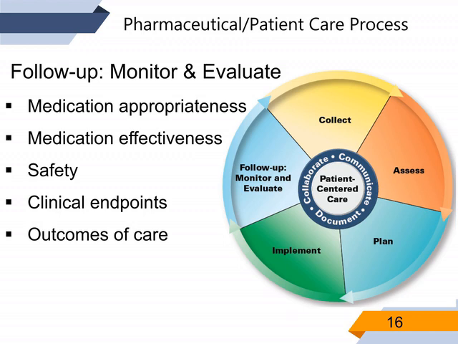This process includes the continuous monitoring and evaluation of medication appropriateness, effectiveness, and safety and patient adherence through available health data, biometric test results, and patient feedback, clinical endpoints that contribute to the patient's overall health and outcomes of care, including progress toward or the achievement of goals of therapy.